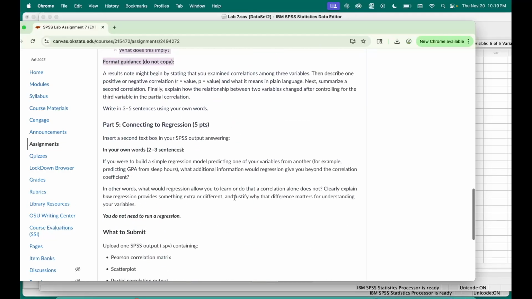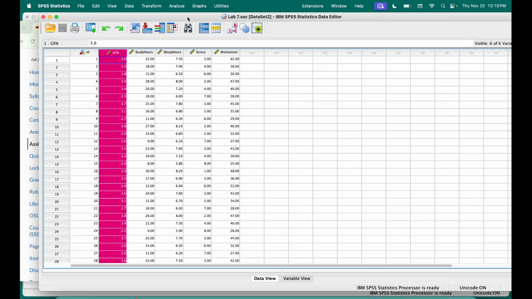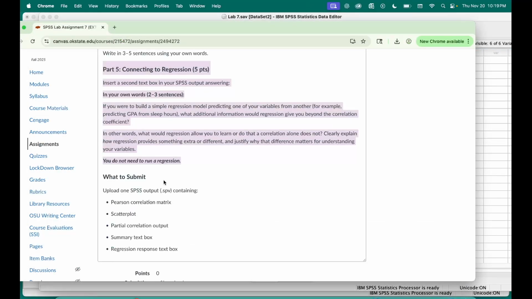Now, when we get to this final question of connecting to regression, the context I just gave should help, but in general, you should think about, look into, maybe test out running a regression if you feel so inclined on your own. Essentially, you need to pay attention to what test statistics or output you're getting from a regression that goes above and beyond a correlation. Okay?